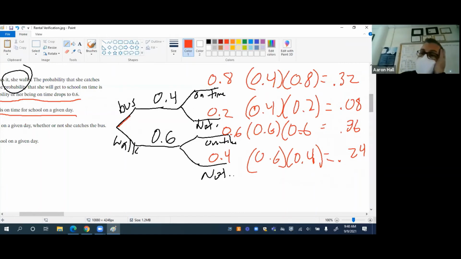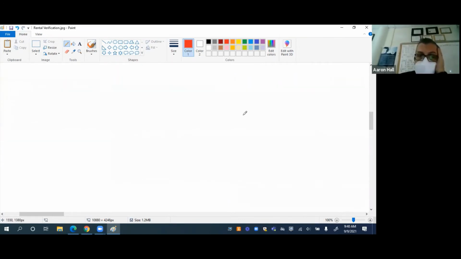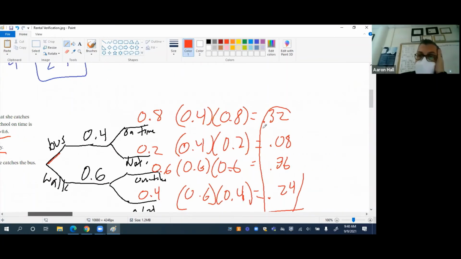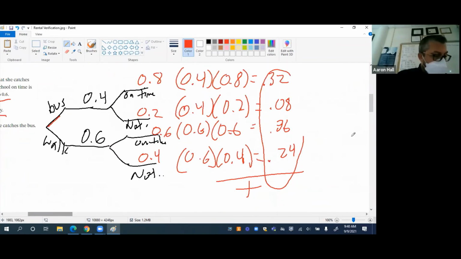What do you think is going to happen if I add all of these up? What number would they give me? It should be 1, because there's not another choice. Those are the only choices there are. In fact, I'm going to do it in my calculator. 0.32 plus 0.08 plus 0.36 plus 0.24, and I'm getting 1, which is 100%.